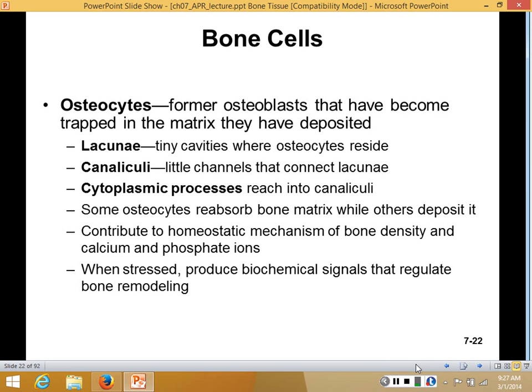Wherever you see those stress lines, that's where that bone gets really, really thick. And your osteoblasts are responsible for adding to or making the bone more dense. That's what it does. It becomes more dense, which means it's heavier, it's thicker. So the stress lines make the bones stronger.